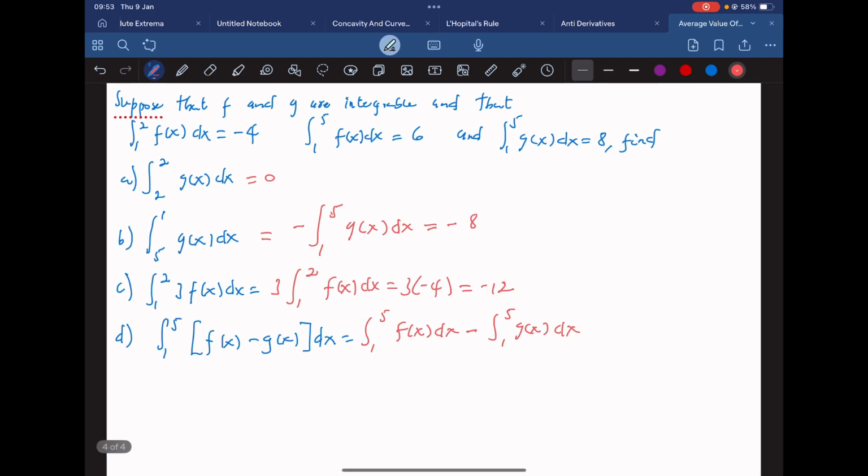Now, 1 to 5 of f of x, was it given? Yes. 1 to 5 g of x, was it given? Yes. So in that case, all that we have to do is to sub it in. So we have 6 minus 8. And this is equal to negative 2.